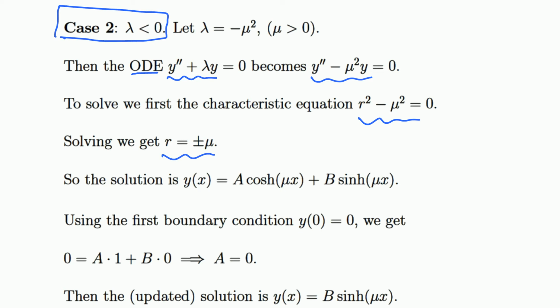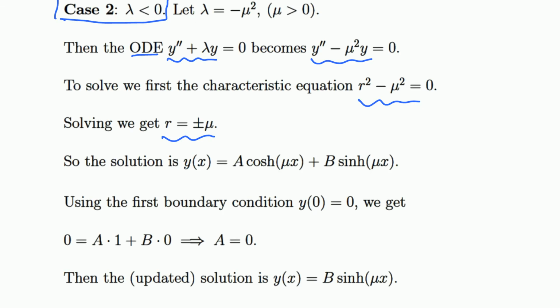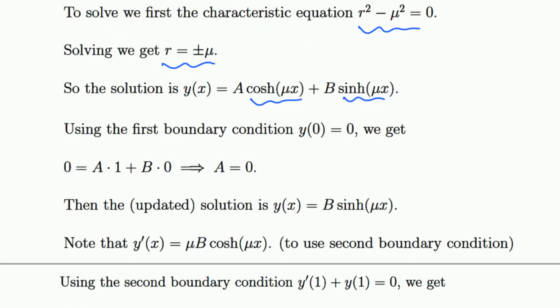Based on these roots, we have the solution a cosh(mu x) plus b sinh(mu x). Now we use the boundary conditions to determine the constants a and b.